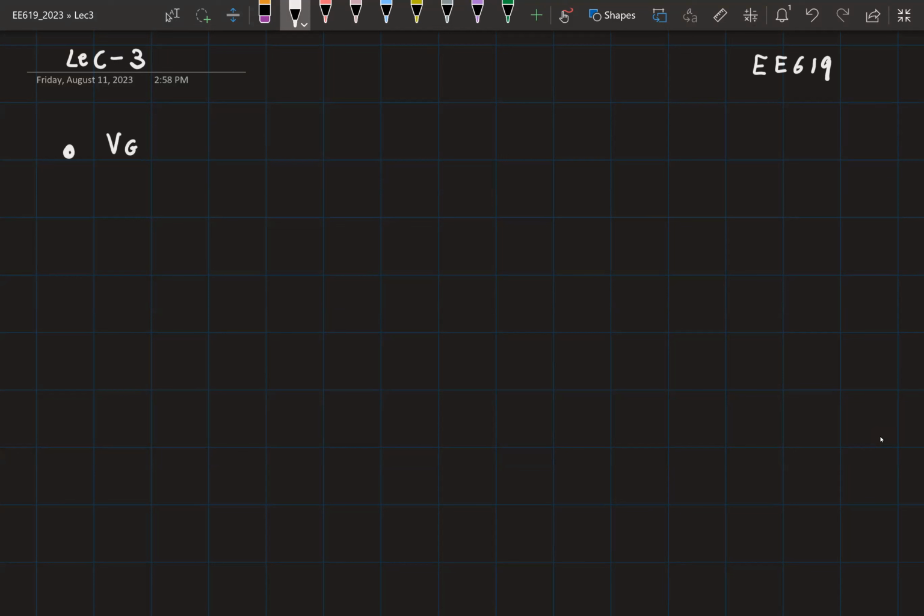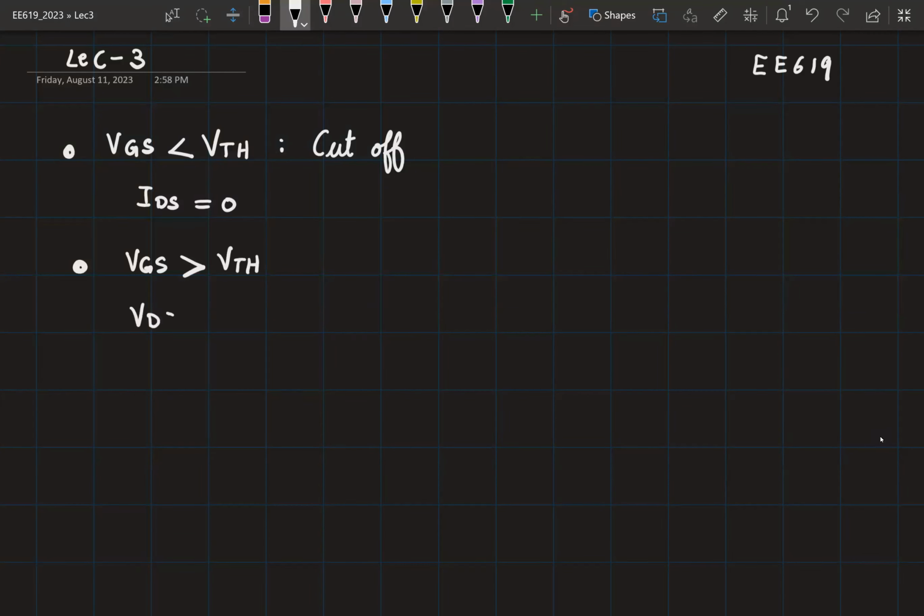If VGS is lesser than the threshold voltage VTH, what is the region of operation? Cutoff. What is the current? The drain to source current is equal to 0. Now, if VGS is greater than the threshold voltage, and if VDS is lesser than VGS minus VTH, what is the region?